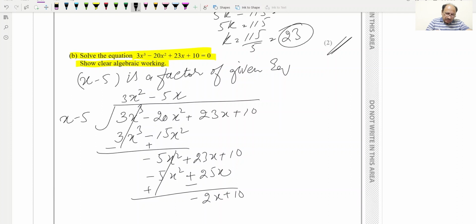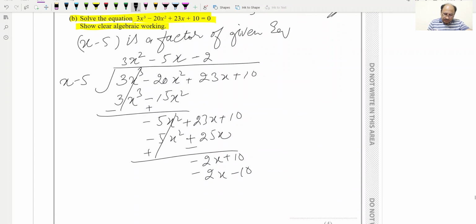Further we can multiply by minus 2, so it will be minus 2x and minus 10, and changing sign, this will be cancelled, so everything is gone.